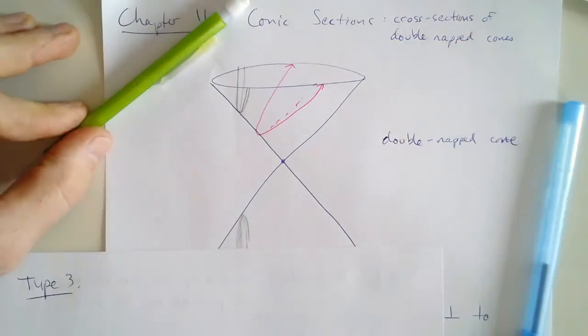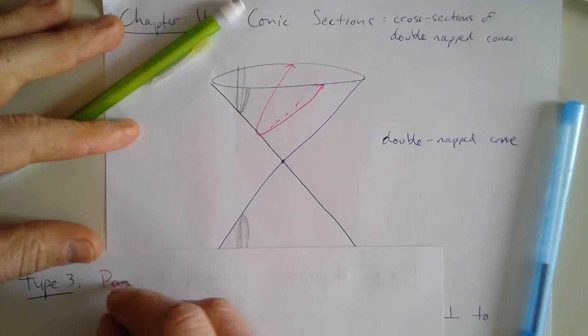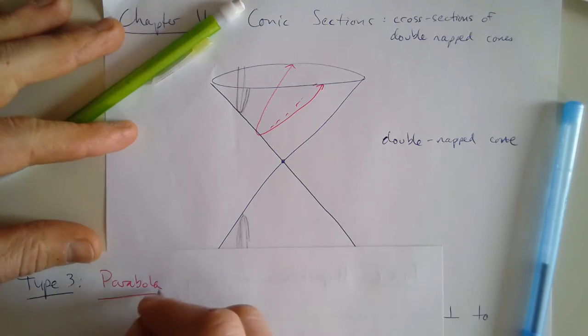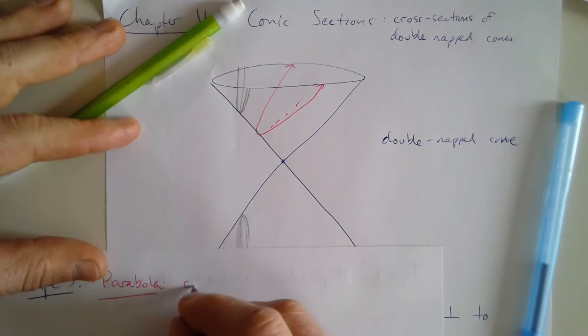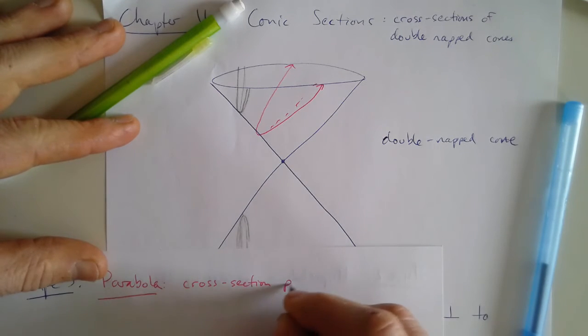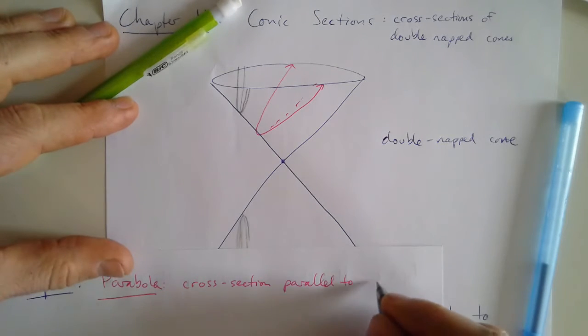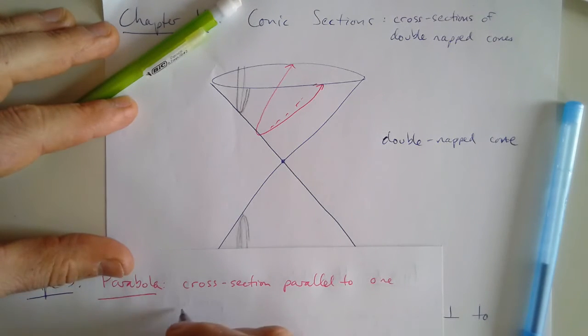So the parabola is another type of conic section that we're going to have, and this one is a cross section parallel to one edge of the cone.